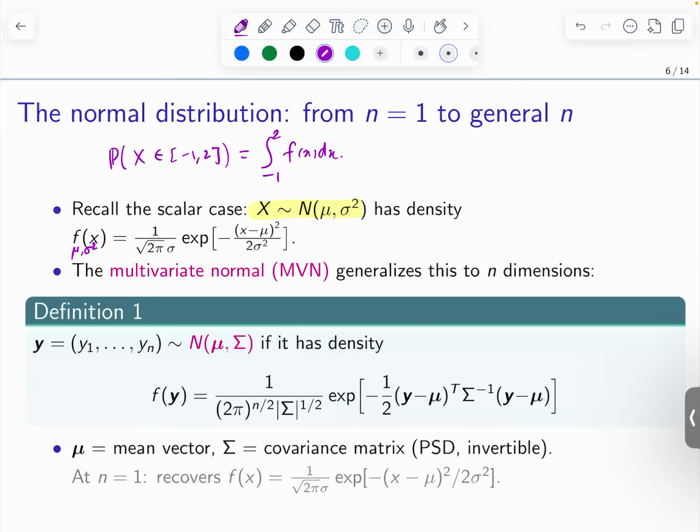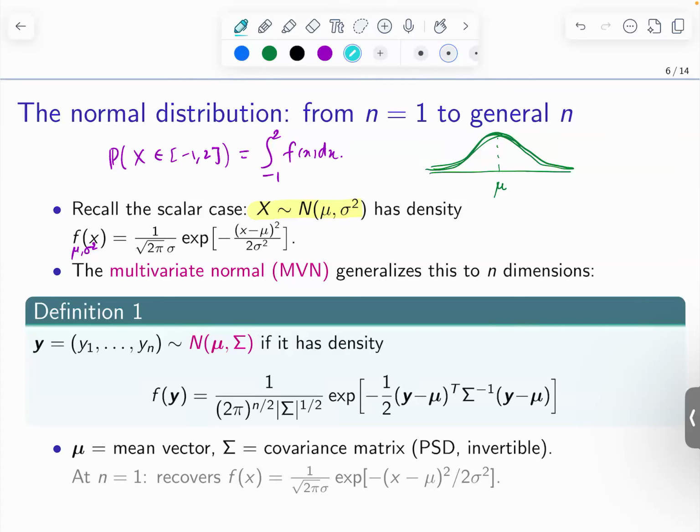Hopefully you've seen this form. How many people have seen this form? Okay. So what does it look like? It looks like a bell curve. It's a shape that starts from 0 and then goes up like a bell curve. The mean is mu, and the variance tells you how concentrated it is.